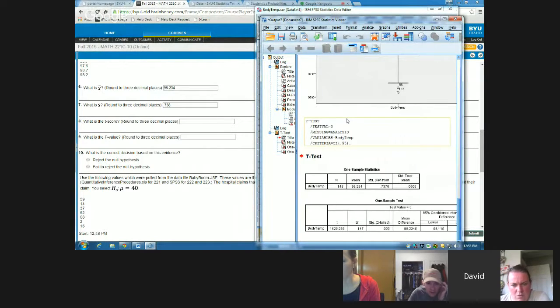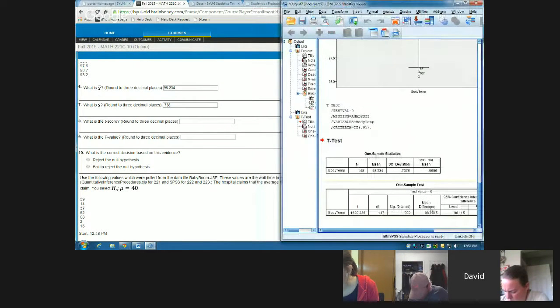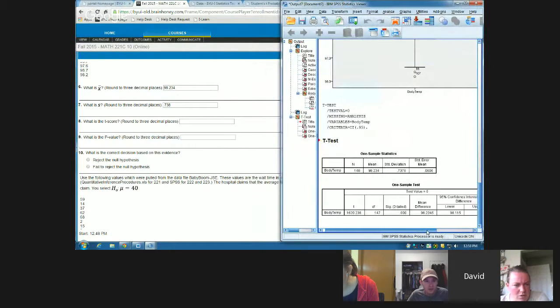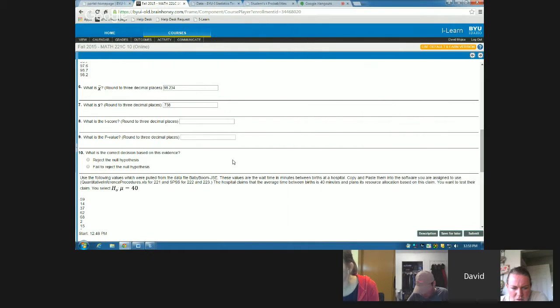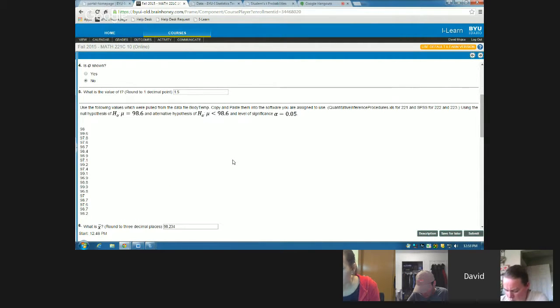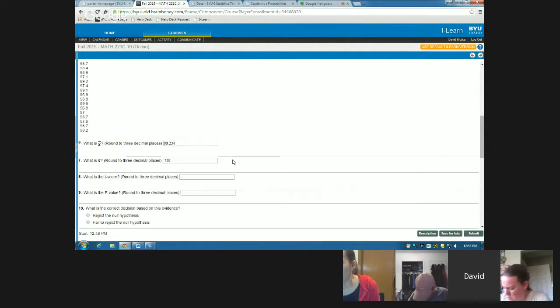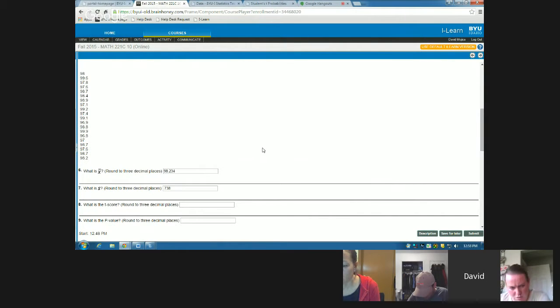So then we take S, which is that number we just put in, 0.738, and we divide that by the square root of n. n is the sample size, so what was the sample size?